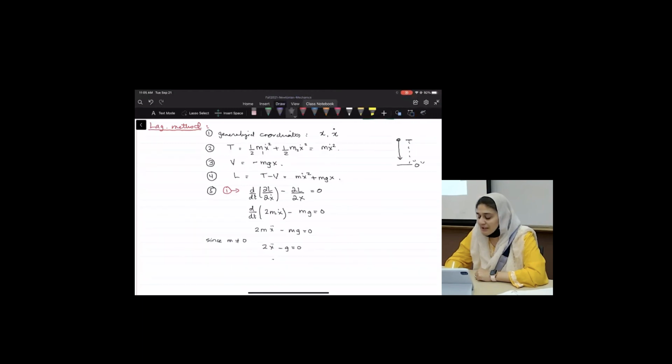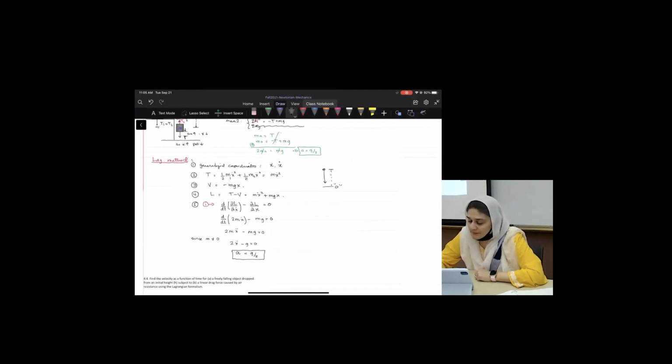What is x double dot? a. Compare them to give us the same answer.